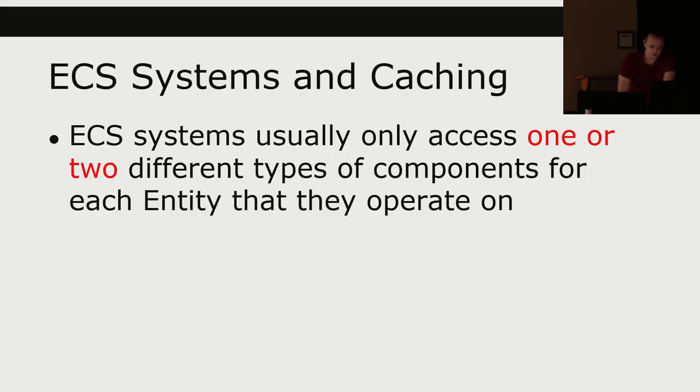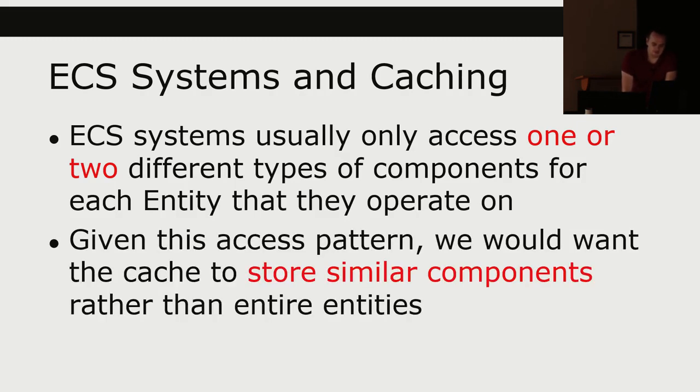So, given these access patterns, we would want the similar components to be cached rather than entire entities, because we're not doing operations on all the components of entities. If we were, that's what we would want, but we're probably not.